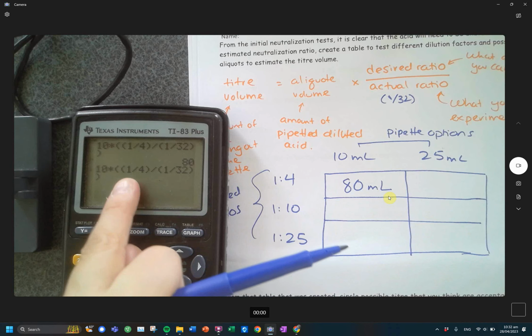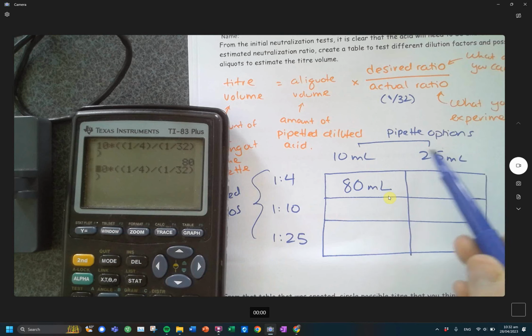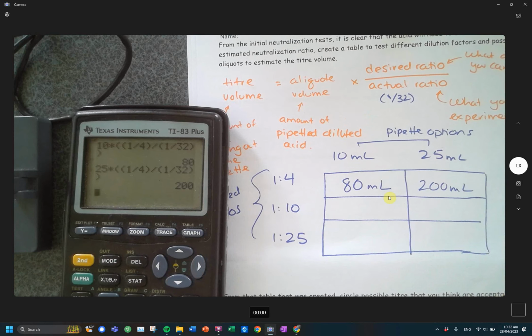I can keep everything else in my equation the same. The only thing I'm changing here is the aliquot volume. So I'm increasing the aliquot volume to 25. Do you think I'm going to use more or less base now? More, because now it's 200 mils. So that doesn't work. We're not going to do that.